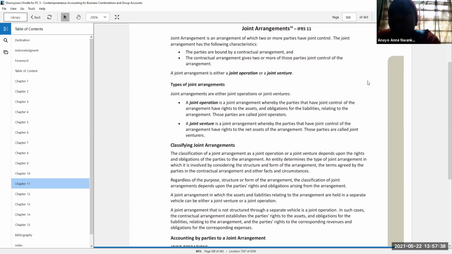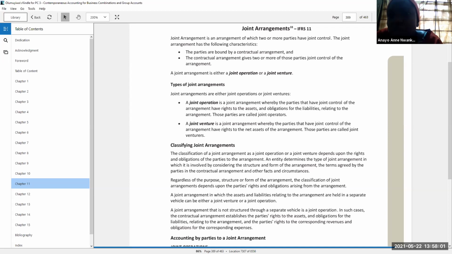Joint arrangement, IFRS 11. Joint arrangement is an agreement of which two or more parties have joint control. The joint arrangement has the following characteristics. First, the parties are bound by a contractual arrangement.